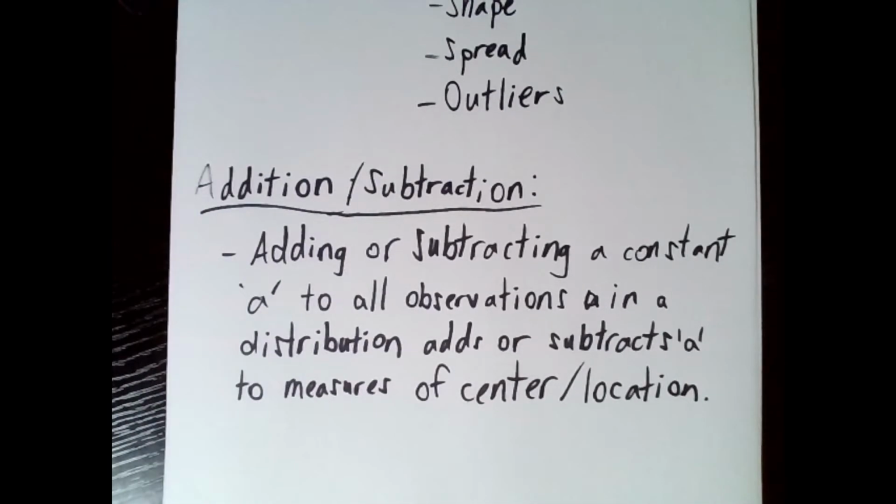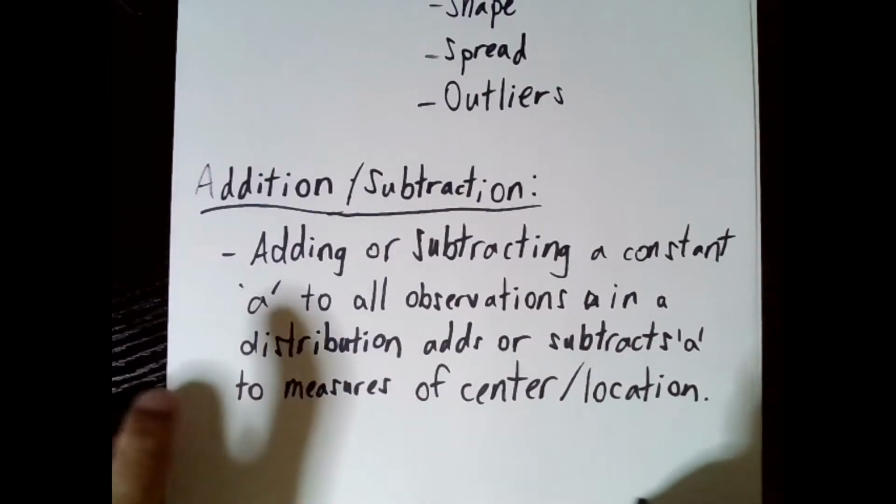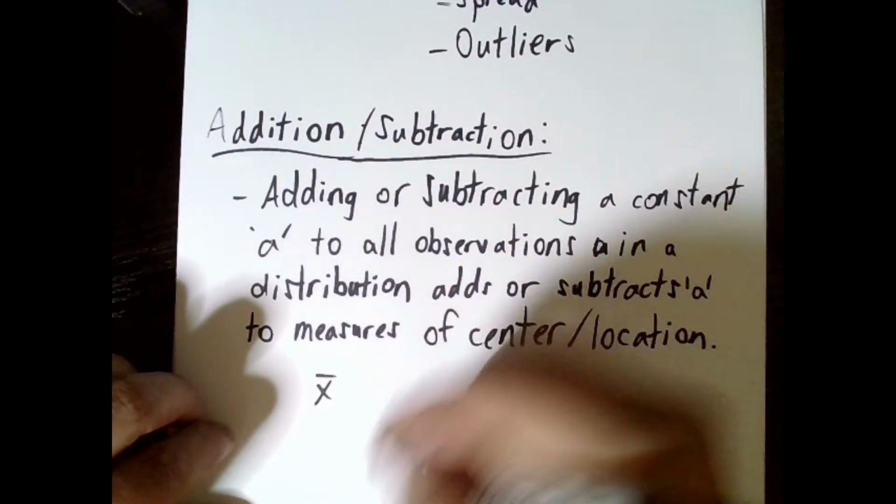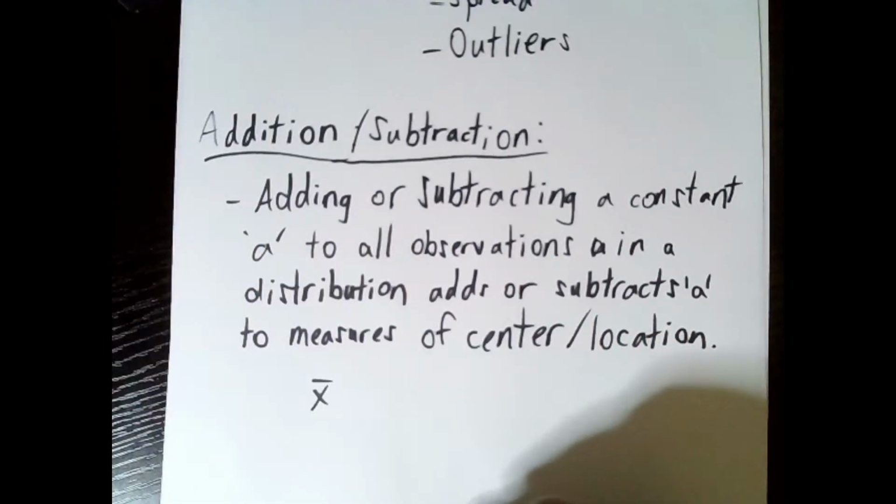Essentially, if I have a distribution with some mean, let's say I take a sample mean, we'll say that I have a mean x bar.